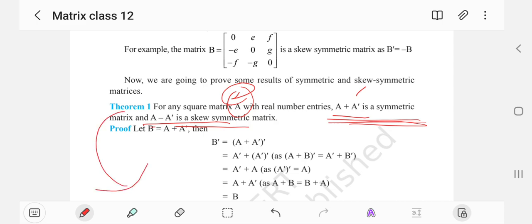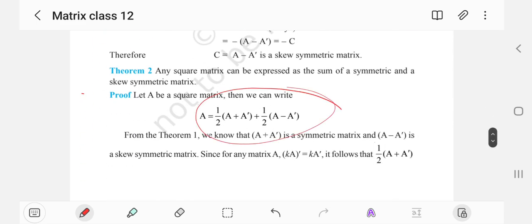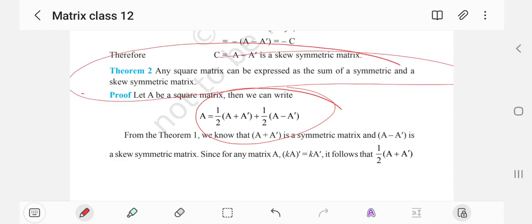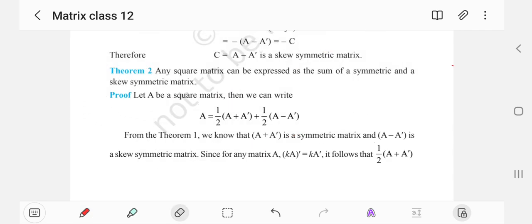Due to this theorem we are able to reach this conclusion, that every square matrix can be expressed as the sum of a symmetric and a skew symmetric matrix. And it can be represented just like this. This is an important thing that you need to remember.